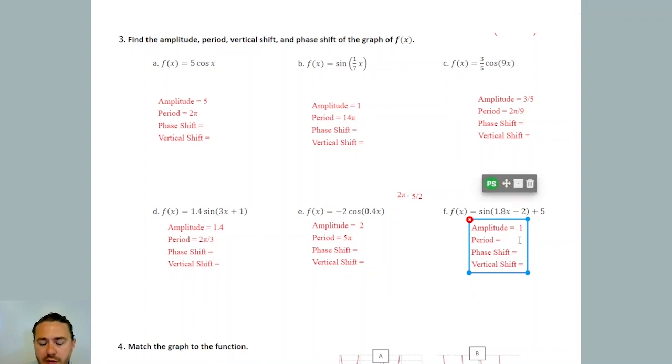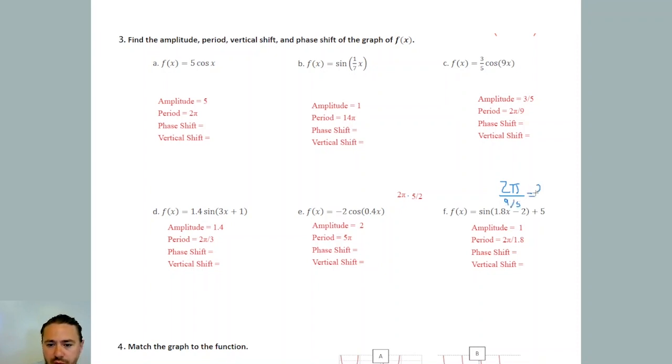Here we've got 2 pi divided by 1.8. Okay, so 1.8 would be 8/10, which is 4/5, plus 1, which is 5/5. So that'll be 2 pi divided by 9/5.